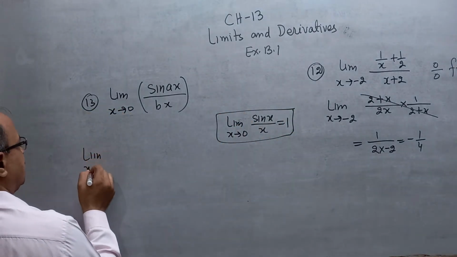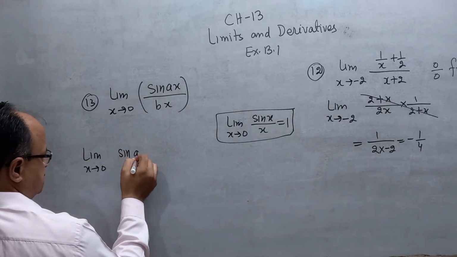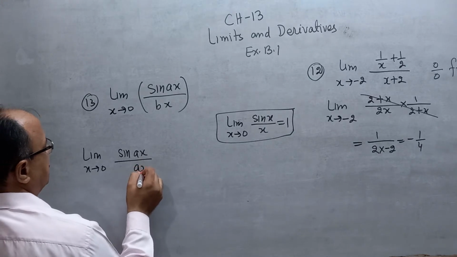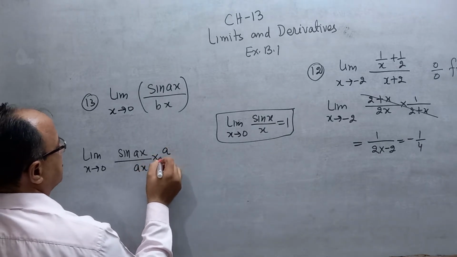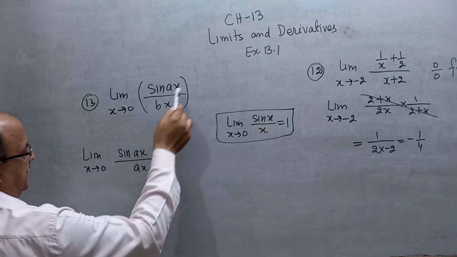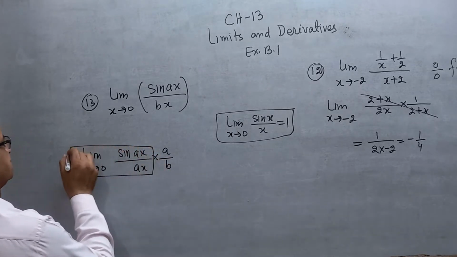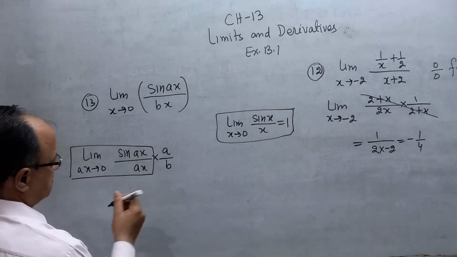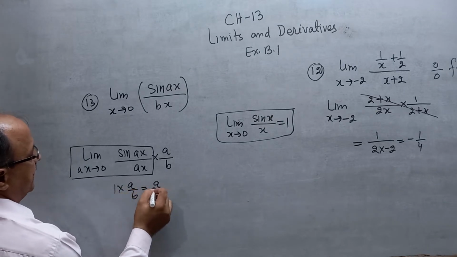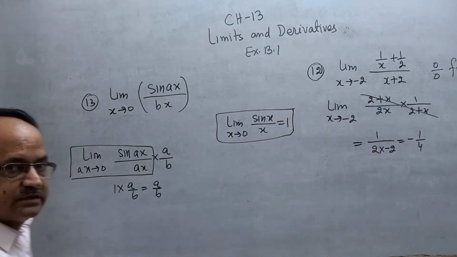Multiply and divide by a here. You know that this is equal to 1 according to this formula. 1 into a by b. a by b is the answer. Correct?